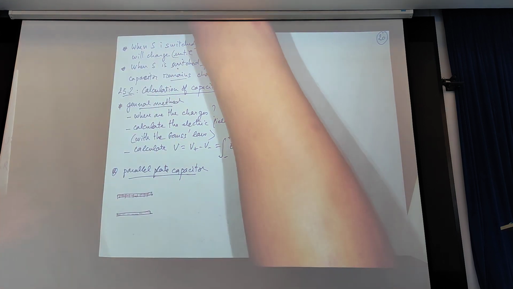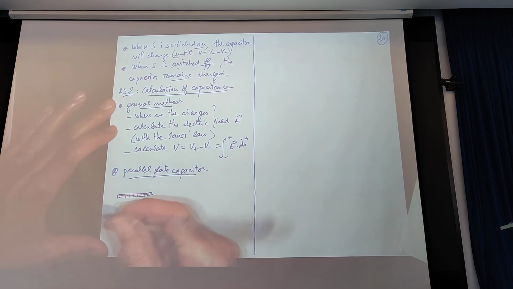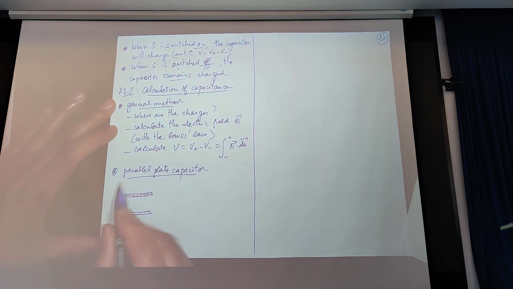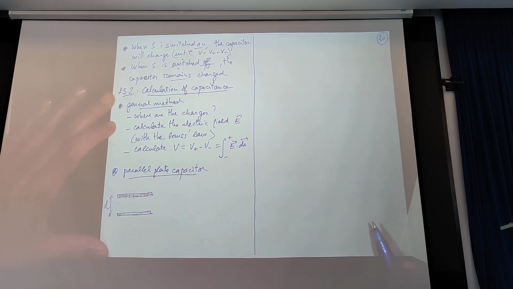Here d is the distance between the two conductors, and A is the surface area of the plate.